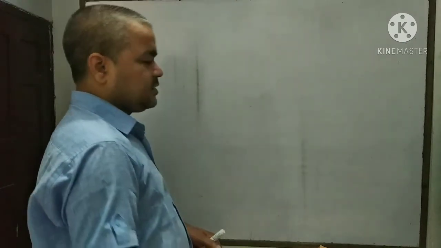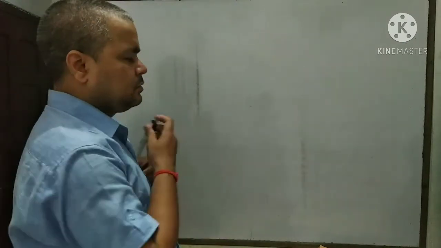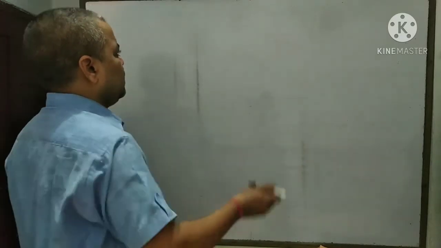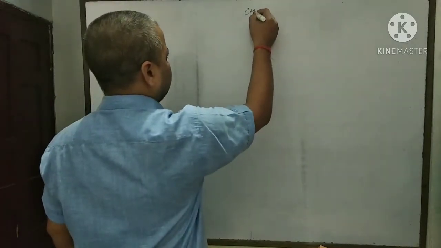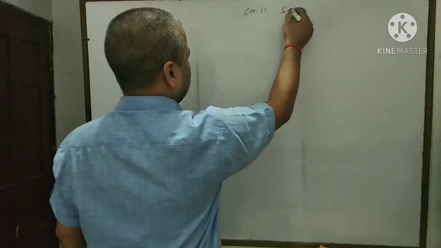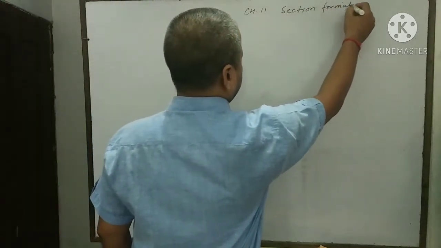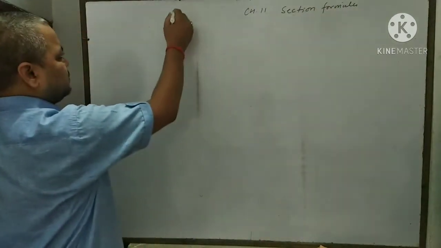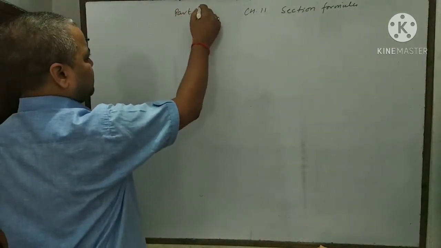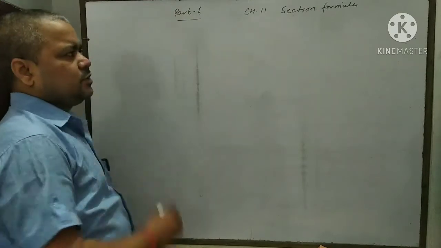Now, the next chapter is section formula. That is chapter number 11. Chapter number 11, section formula. And this is the first part of the video related to the section formula.